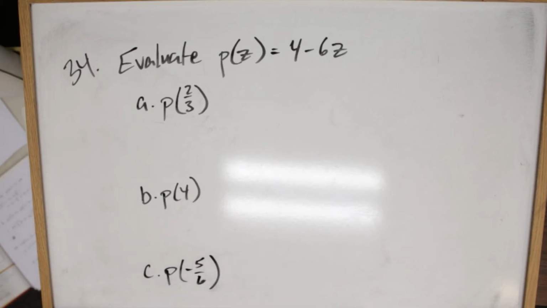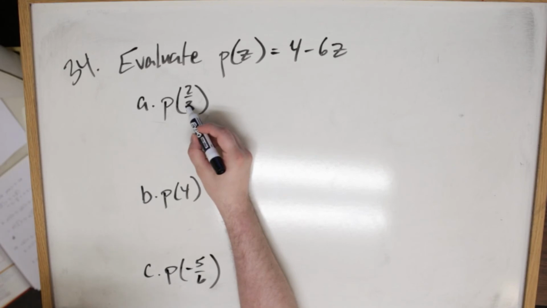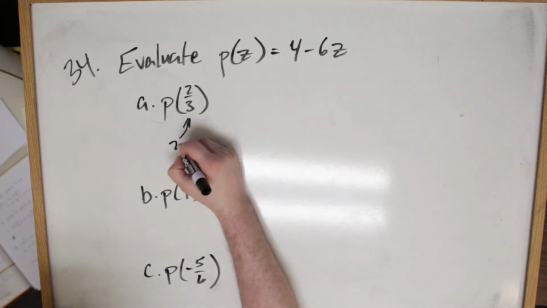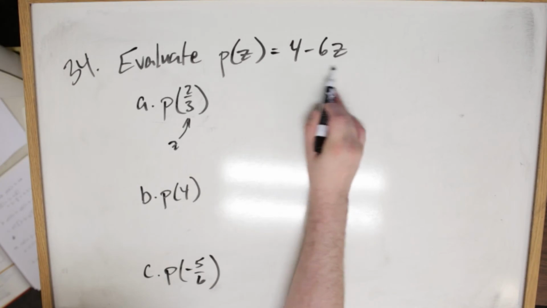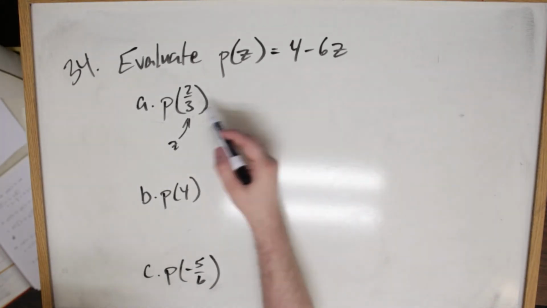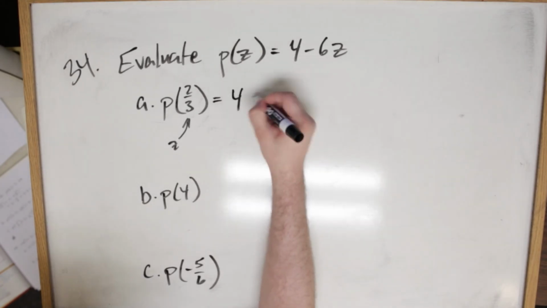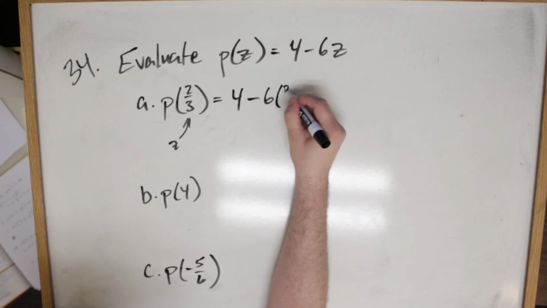We'll start at the top here. P of 2/3. So what is this saying? This right here is a z value, which means that every single place we see a z in this equation, we're going to change it with a 2/3. So that means that I have 4 minus 6, and the z is going to become a 2/3.